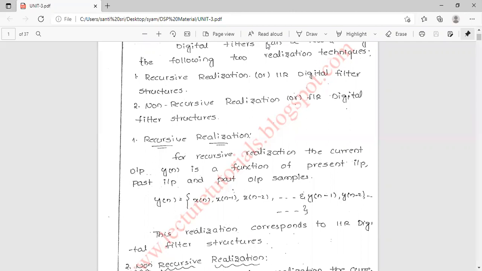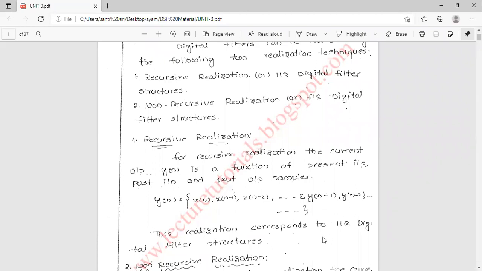Suppose x of n is the present input, x of n minus 1, n minus 2 are the past inputs. Similarly, y of n minus 1, n minus 2 are the past outputs, and y of n is the present output. It is represented by y of n equal to x of n, x of n minus 1, x of n minus 2, and so on, and y of n minus 1, y of n minus 2, and so on.